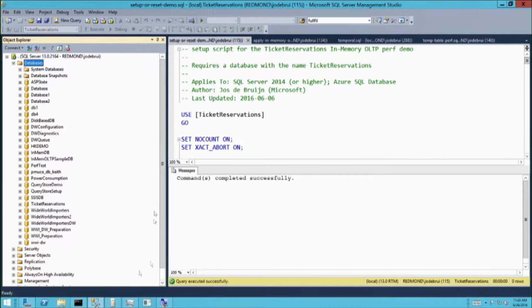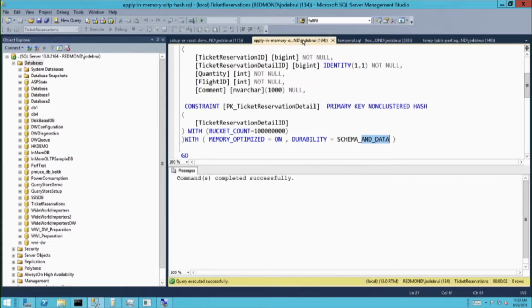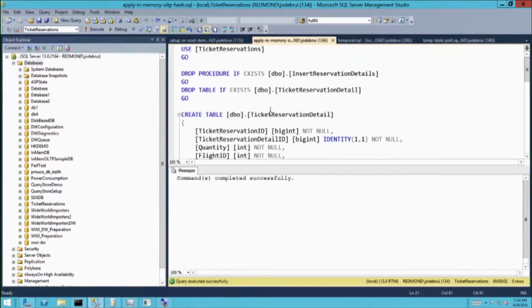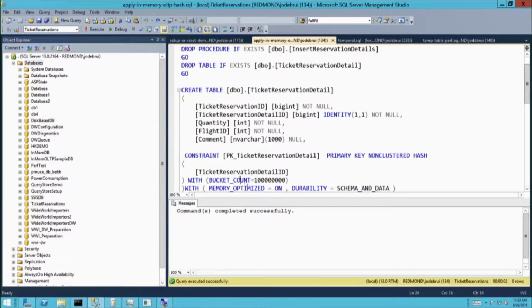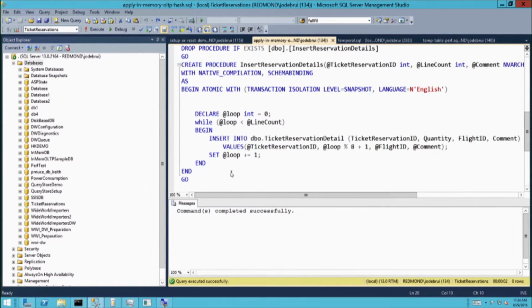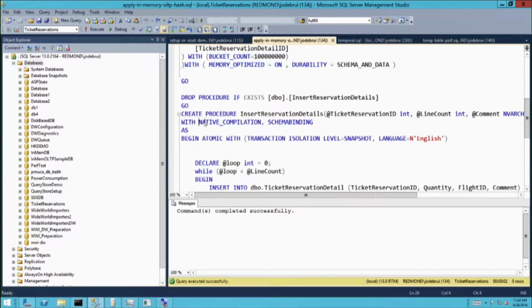Now, if I change my table and my stored procedure to be memory optimized and natively compiled, so I have here my memory optimized table, and I have here my natively compiled stored procedure. I'm going to apply those to the database.